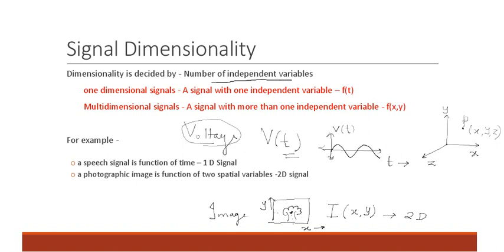So the number of independent variables decides the signal dimensionality. 1D signals involve one independent variable, two-dimensional signals involve two independent variables, and so on. So any signal is defined as a function of some independent variables.